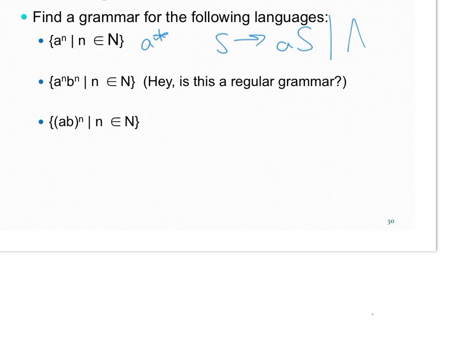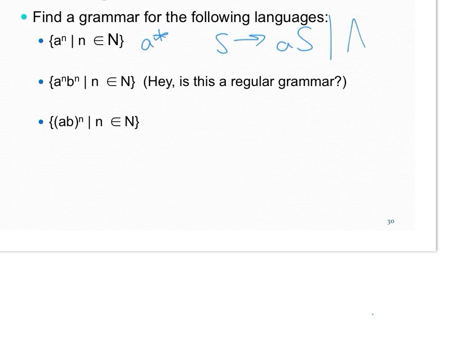But that's okay. When you're doing something like this, a to the n, b to the n, you need to think about how you build it up. The important thing is every time you add an a, you have to add a b. And what we can't do is something like this.